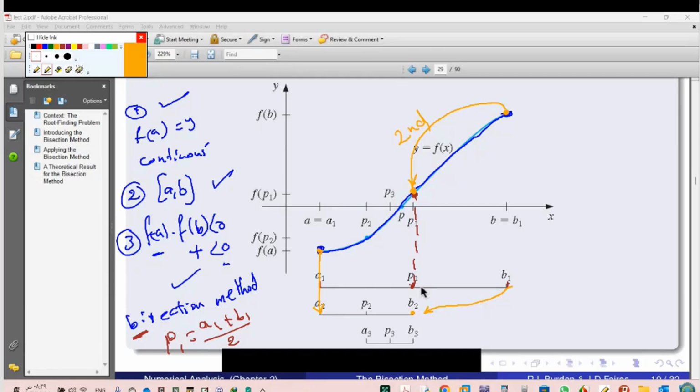So again, what I did here, I changed the same sign. For example, if the middle point is negative, I will change negative with negative. If the middle point is positive, I will change positive with positive. So the first point was B1, now it's B2. Again, I will calculate midpoint B2.